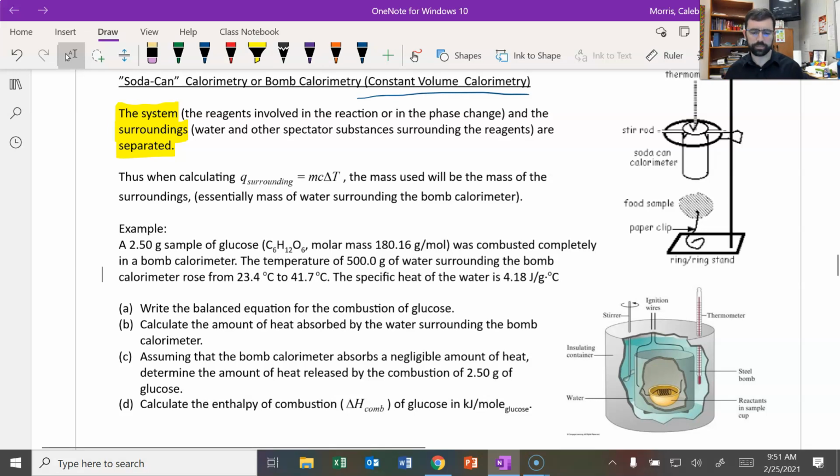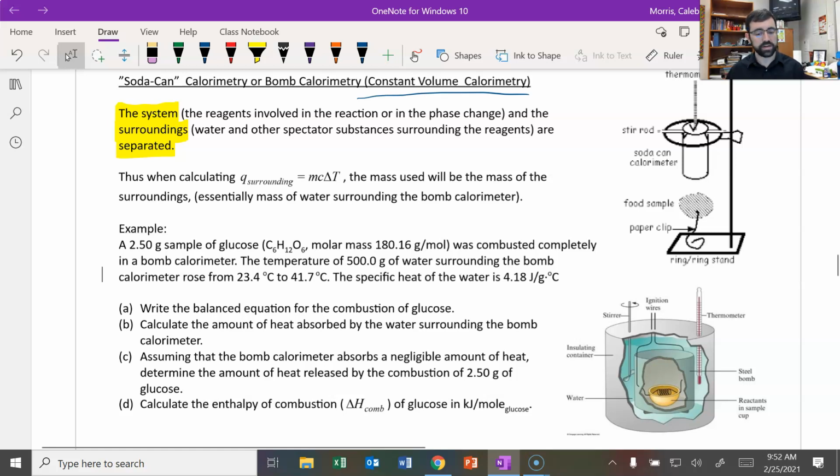Let's look at the picture. One example is soda can calorimetry. Basically, you take a soda can, you fill it up with water, and you put a thermometer in the soda can. We would burn something under it, and we're assuming that the heat is basically transferred to the soda can. We know that some of the heat is actually lost to other surroundings, but for simplicity, we're assuming that most of it is transferred to the soda can.